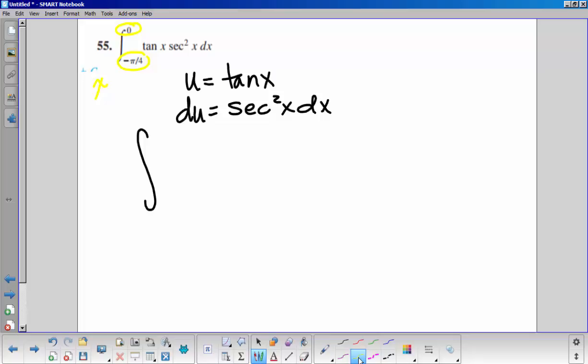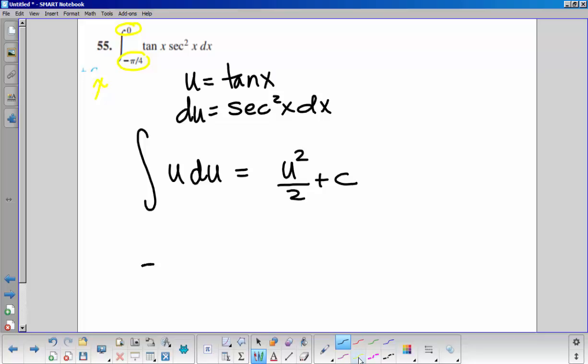You're just using u to help you find the antiderivative. Okay? So let's do that. We get then u du, whose antiderivative is u squared over 2 plus c, but when we're doing a definite integral, do we need the c? No. Nope, so now we're going to change this back to x.